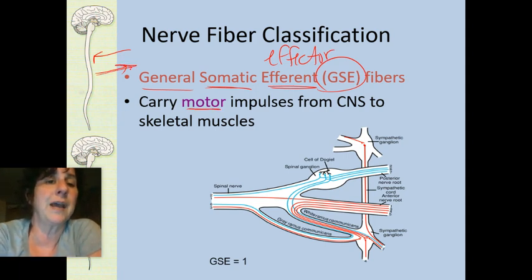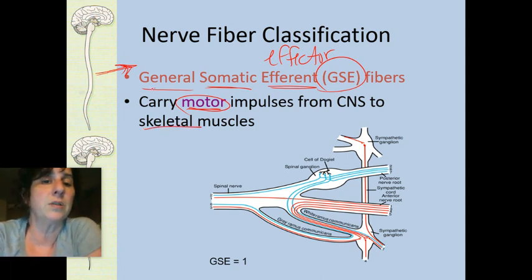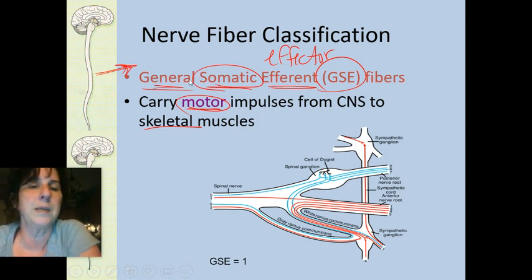So this is coming out from the central nervous system. Therefore, it's a motor impulse, and it's going to skeletal muscles. That's the somatic portion in that term. So general means not specialized. Somatic means it's going to muscles or glands, right? Efferent means it's going away from the central nervous system. So GSE is the first one.